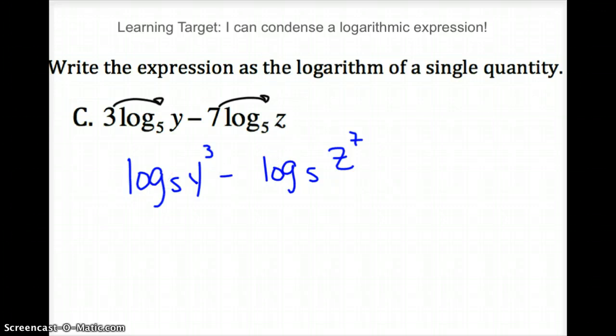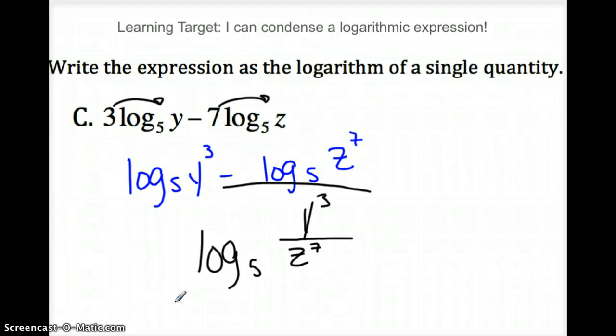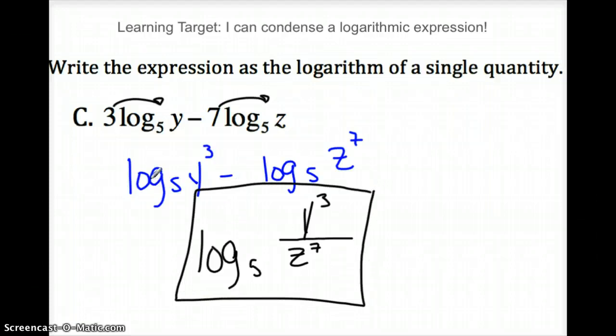Why was there subtraction? Because originally there was division. So notice how I write this: log 5 followed by the fraction bar. Do not extend it to where log 5 is at the top of a fraction. No, it goes log 5 with the fraction bar following, y cubed on top, z to the 7th on the bottom. And this would be the final condensing.